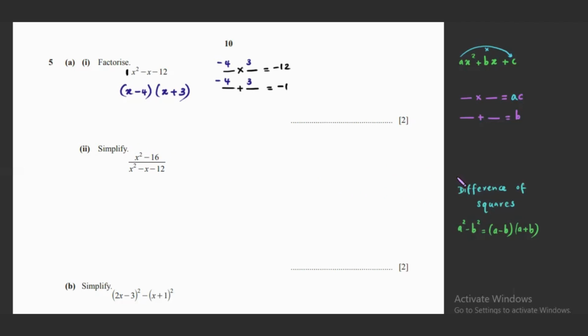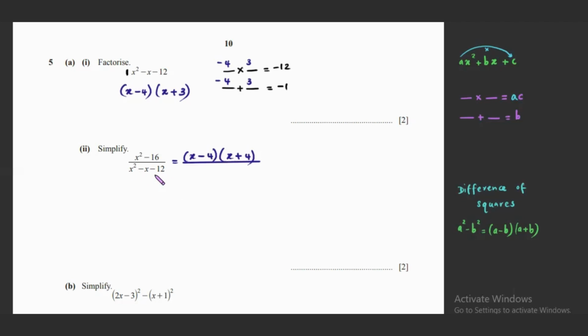To factorize the difference of squares, you do the square root of the two numbers, and then you put them within the brackets with a plus and a minus, which means this x squared minus 16, I can write as x and 4, and inside the brackets, in one bracket I'm going to write a minus and in the other a plus, or I can write plus and then a minus. And I'm going to factorize the denominator as well, which is x squared minus x minus 12.